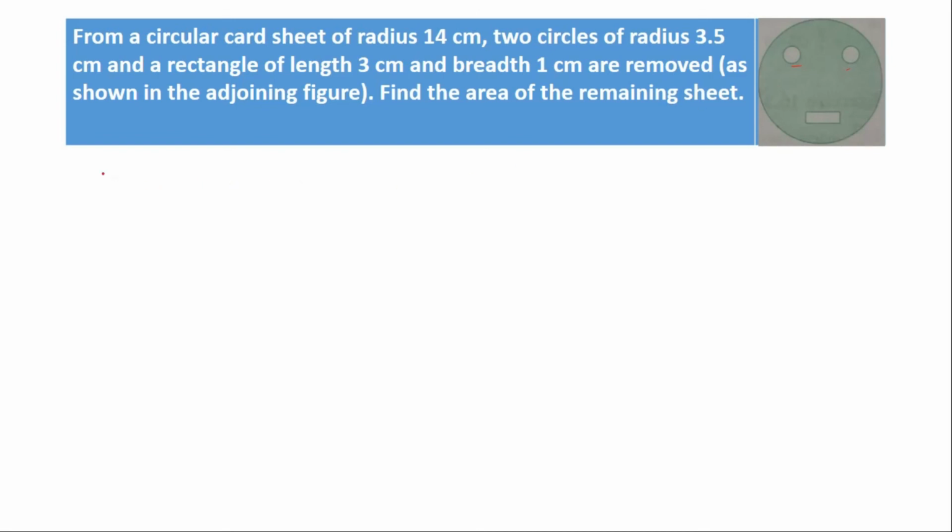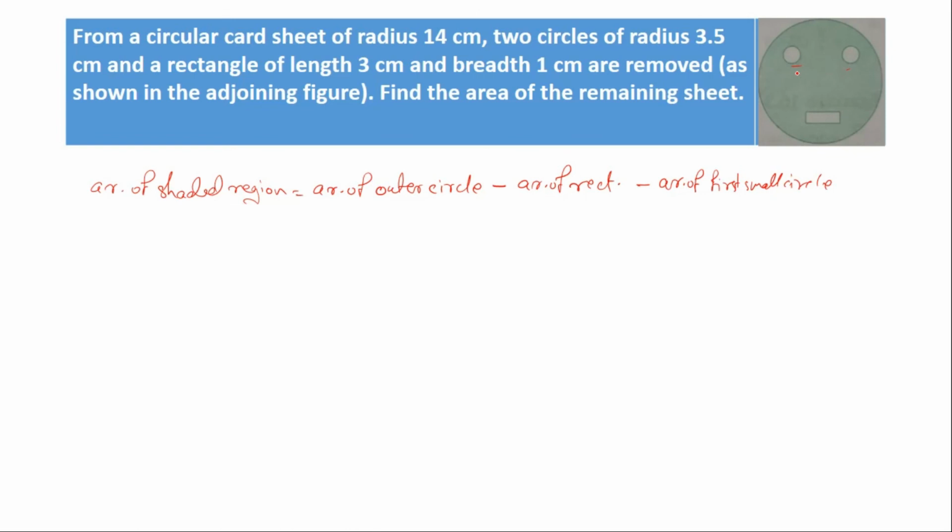So what you will do, you will write area of shaded region equal to, what we will write first, area of outer circle minus area of rectangle minus area of first small circle, I am talking about this one, minus area of second small circle.